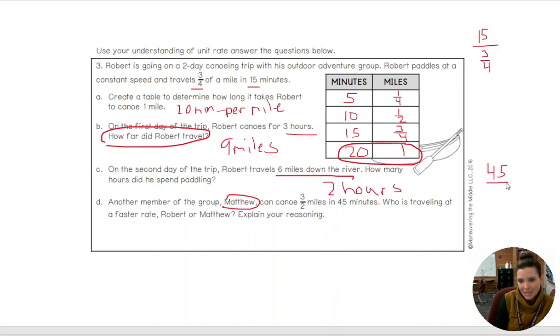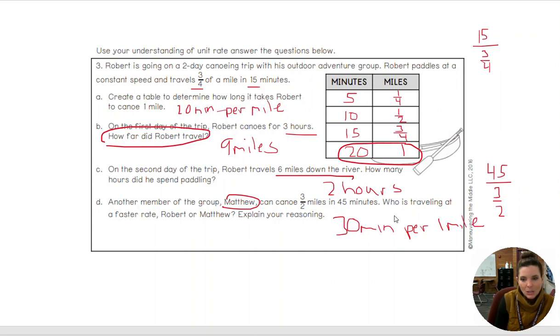So 45 minutes divided by 3/2. I'm going to grab my calculator again. So 45 divided by 3/2 is 30. So it takes him 30 minutes to travel 1 mile.